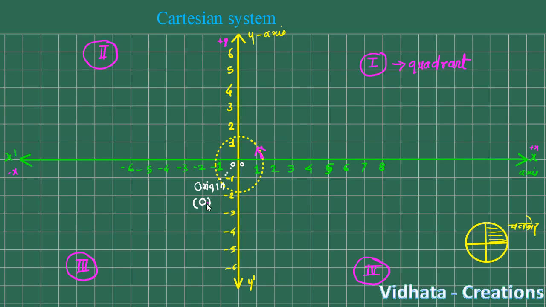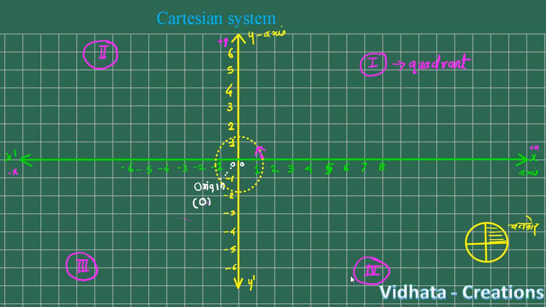The origin is denoted by the letter O, and the two perpendicular number lines divide the given plane into 4 equal parts. Each part is called a quadrant, and the naming first, second, third is given anti-clockwise from the positive x-axis: first, second, third, and fourth quadrant.